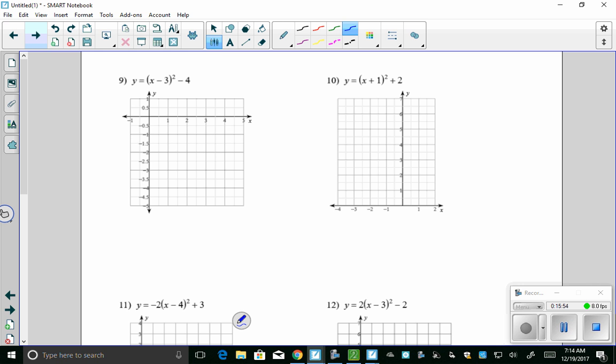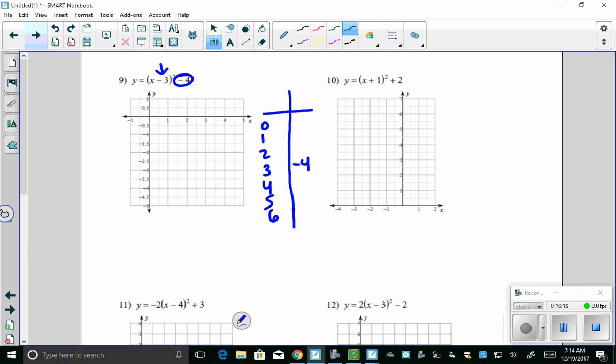Number 9. This time it's in vertex form already. So all you have to do is do the opposite of this, so 3, and whatever number this is, -4. And plug in the rest.